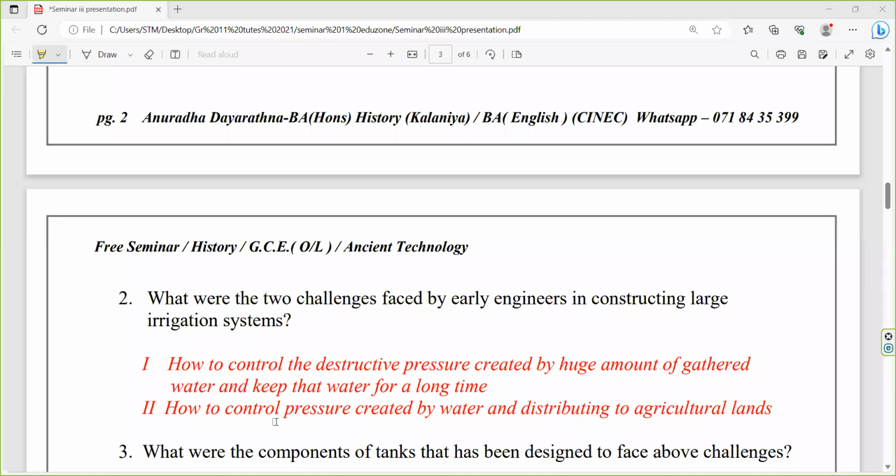That is the dam of the tank. I also explained how the dam was constructed by engineers. Second, how to distribute the water gathered in the tank into agricultural activities while controlling the destructive pressure. So that is the second thing.